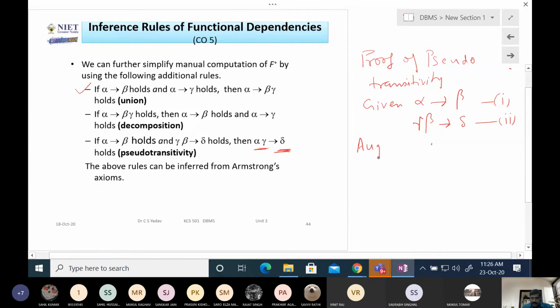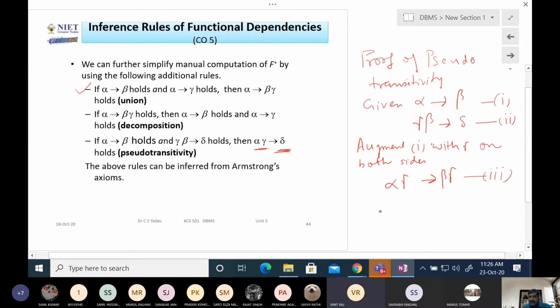Augment equation 1 with gamma on both sides. Then we get alpha gamma determines beta gamma. This is equation 3.